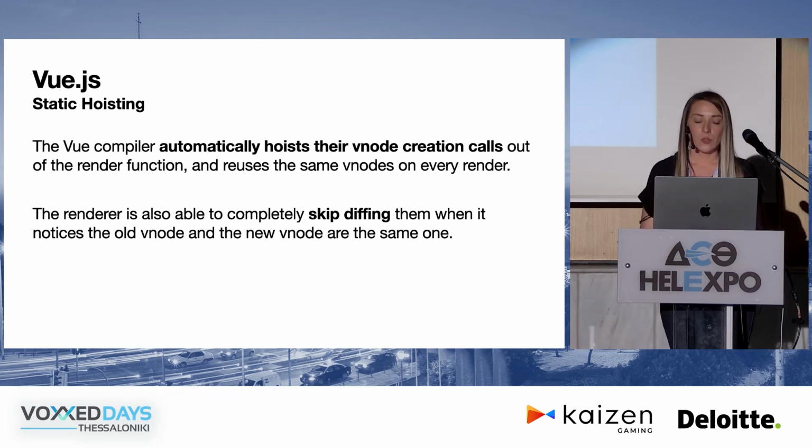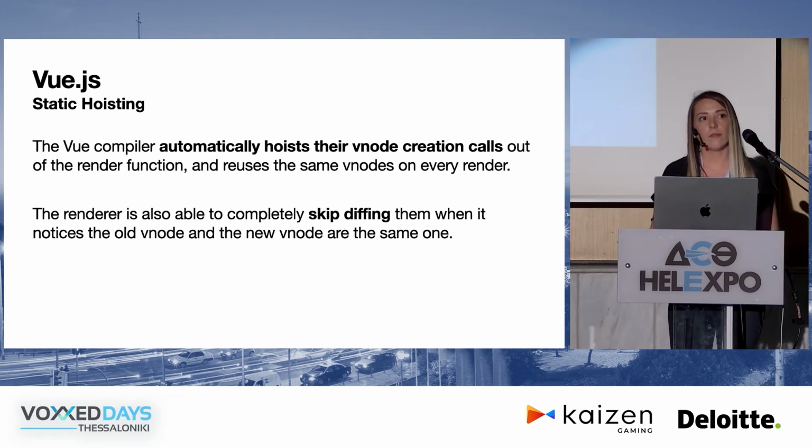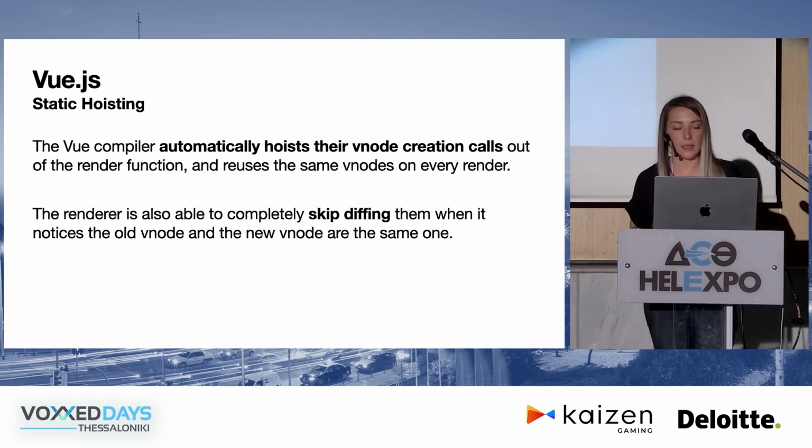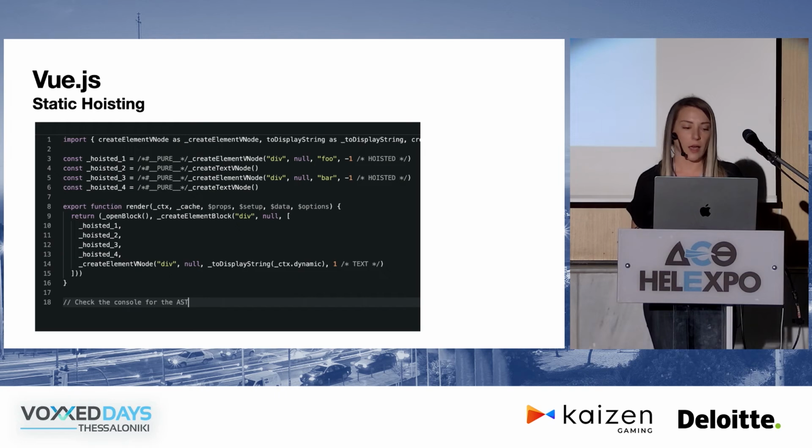This way, Vue is able to skip any diffing and any process that may add some memory pressure. The output of this in the generated code would be something like that. You see on the top some constants that are the static ones, which are hoisted, and at the end the exported render function, which includes only the reactive dependencies.